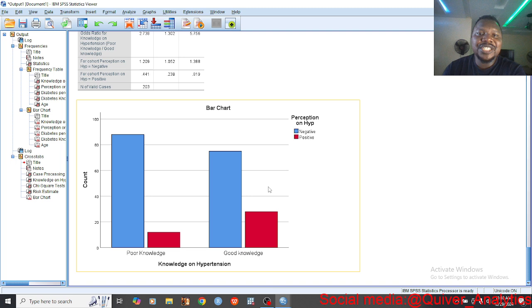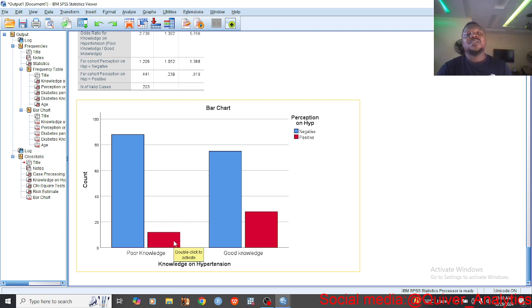Then the bar chart is also displayed here. You can see negative is higher in both, while for good knowledge, we have more percentage with positive than those within the poor knowledge category.